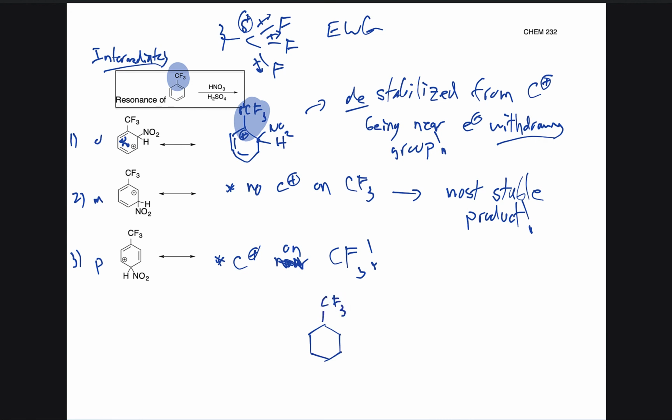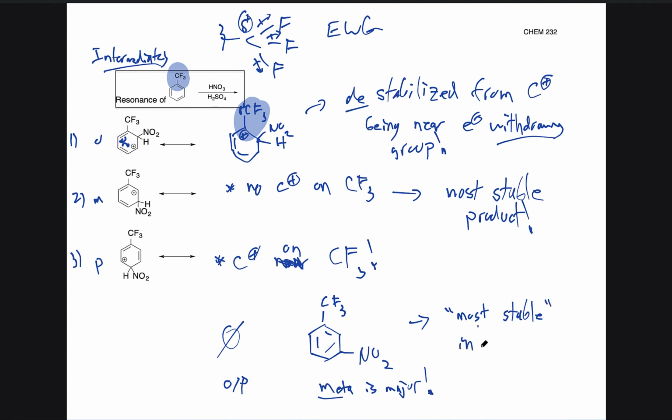CF3 with our major product being NO2 here, this meta product, while ortho and para, essentially, there's little to no reaction, it's about 10%. So meta is the major product because this is the most stable intermediate pathway without that destabilization effect that the ortho and para positions see.